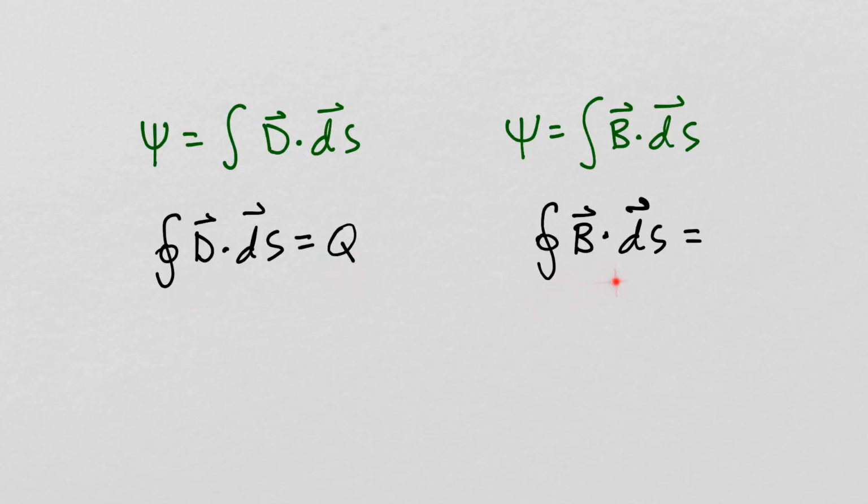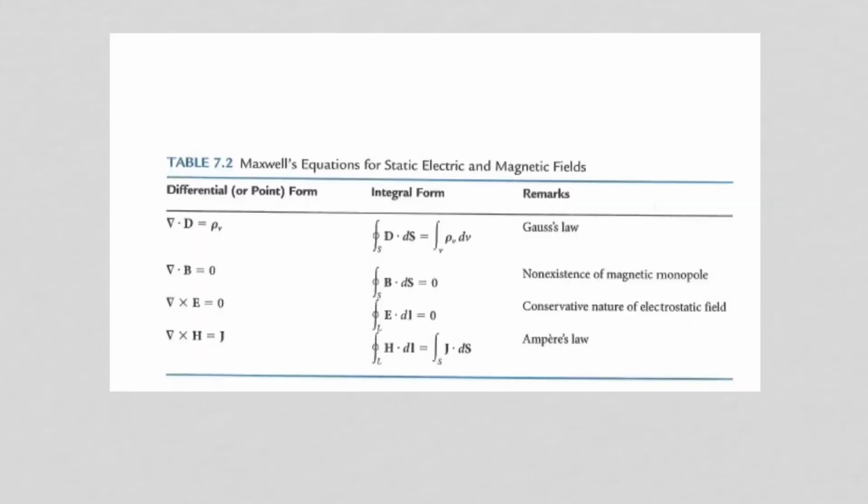So the integral of B dot dS around a closed surface is going to be 0, and that will be our 4th Maxwell equation. So our 4th Maxwell equation is the non-existence of magnetic monopoles. So the point form of this 4th Maxwell equation is that the divergence of B is going to be 0 because of the non-existence of magnetic charge.